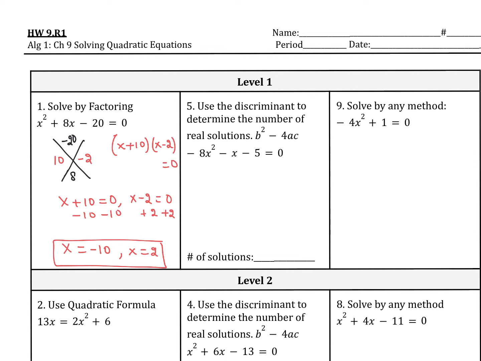Number 5 is a discriminant method. So this is a discriminant formula. To find b squared minus 4ac, you need a, b, and c from the equation. a is -8, b is -1, c is -5.